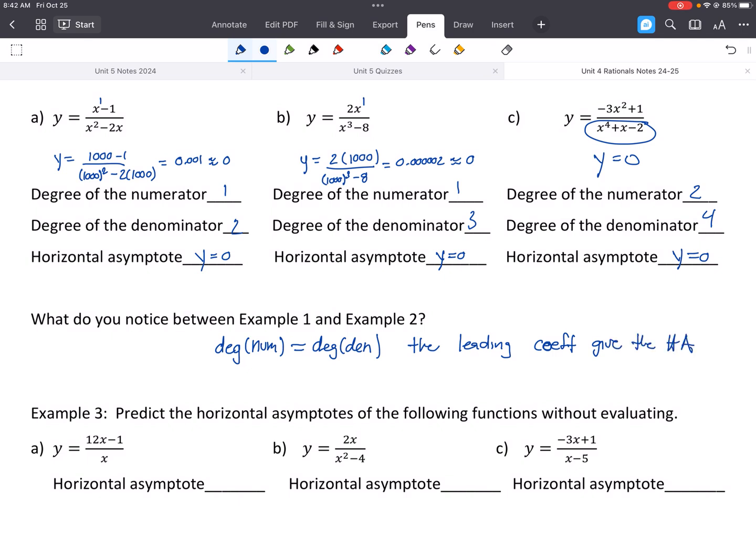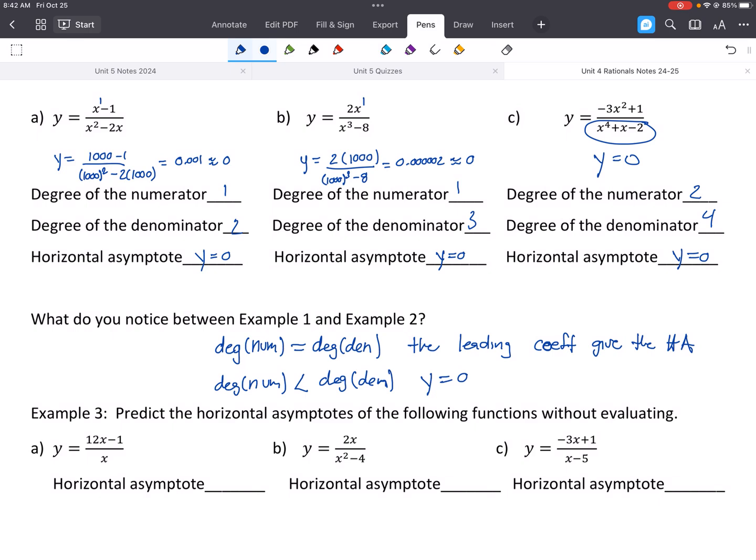If the degree of the numerator is less than the degree of the denominator, then it's always y equals 0. The bottom overcomes the top. It just gets way too big on the bottom, so it gets to 0, as x gets big.